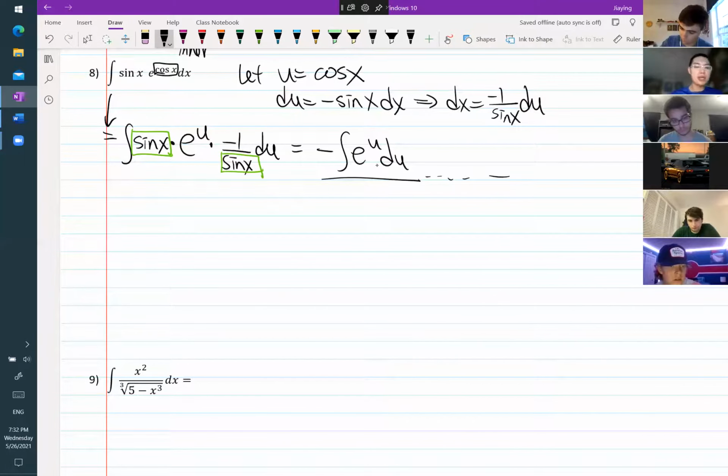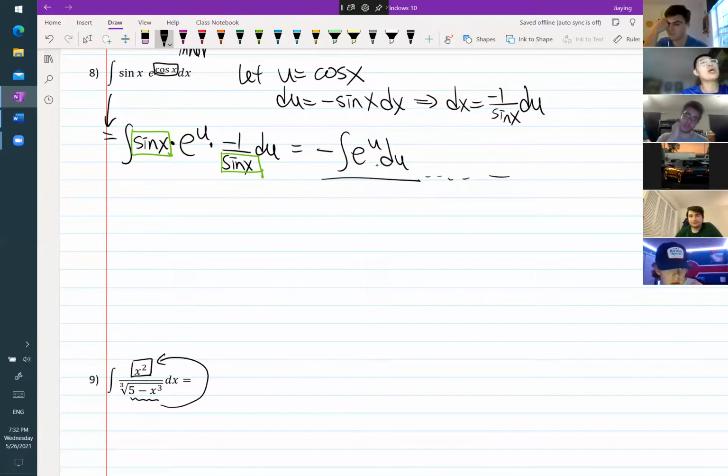So I'm just looking at it. It looks to me like I have two parts. The x squared is one part, and the cube root seems to be a different part. Also, for the 5 minus x cubed, if we take the derivative, we're going to end up with some x squared.